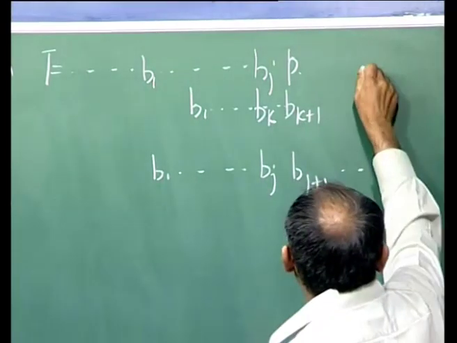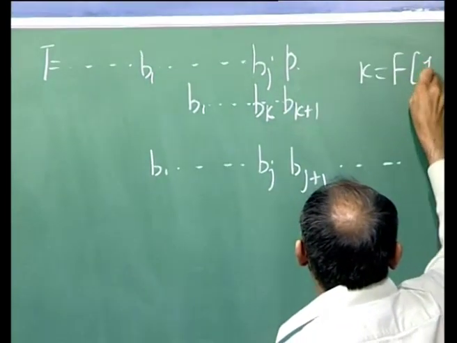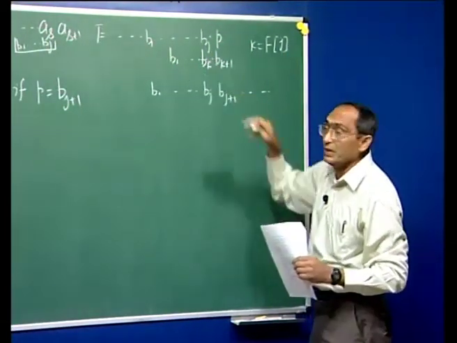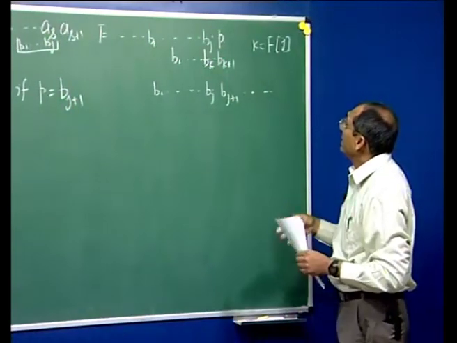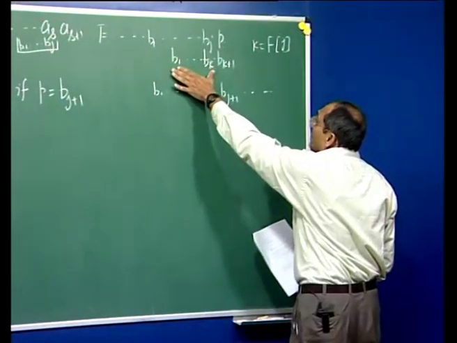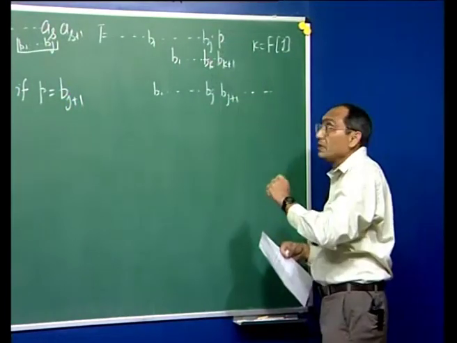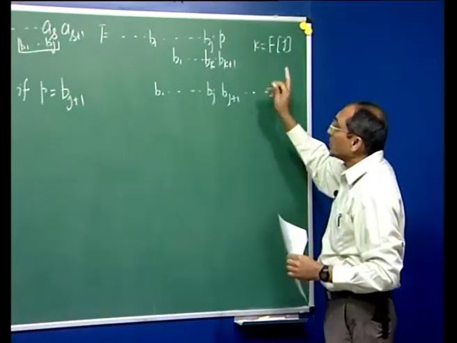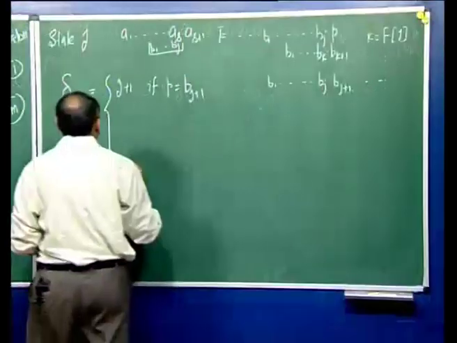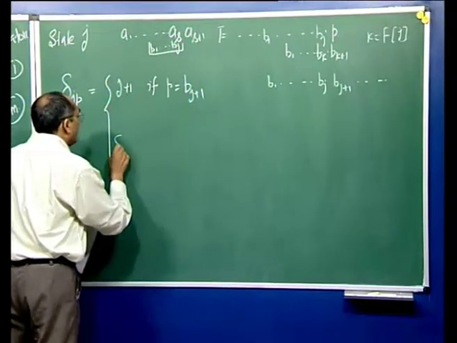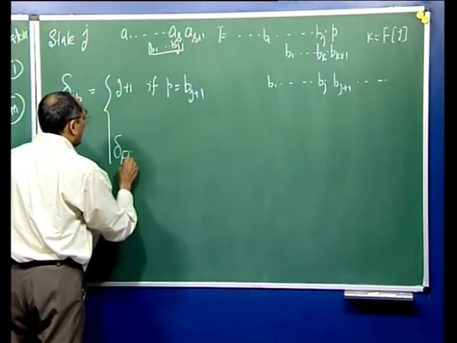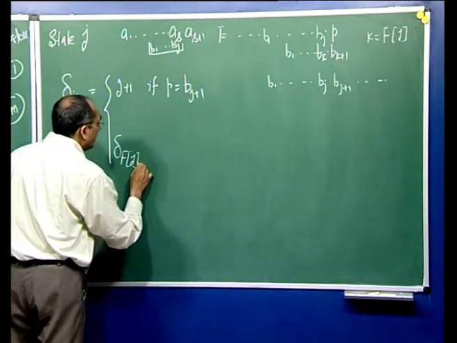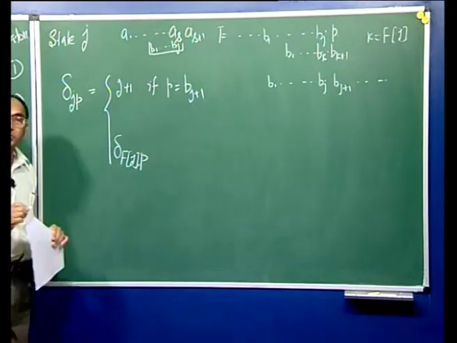Suppose my k is f of j, because that is the longest string which is initial and terminal in b1 through bj, and I am trying to see after that if p is found, what is the best string I can find which matches. So we can directly say that in this case you should go to the same state that you would have gone to had you been in state f of j and encountered symbol p.